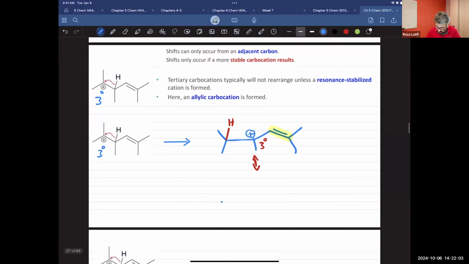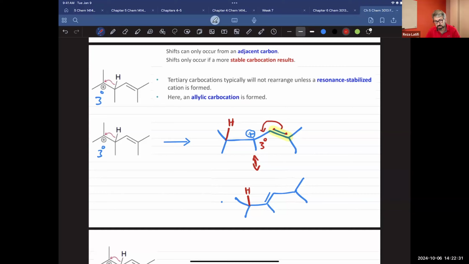So I'm going to get a double bond here, methyl, and then we have hydrogen there. So what I did, I moved that double bond here. I moved those 2 electrons and shared them with the carbon that has a positive charge.